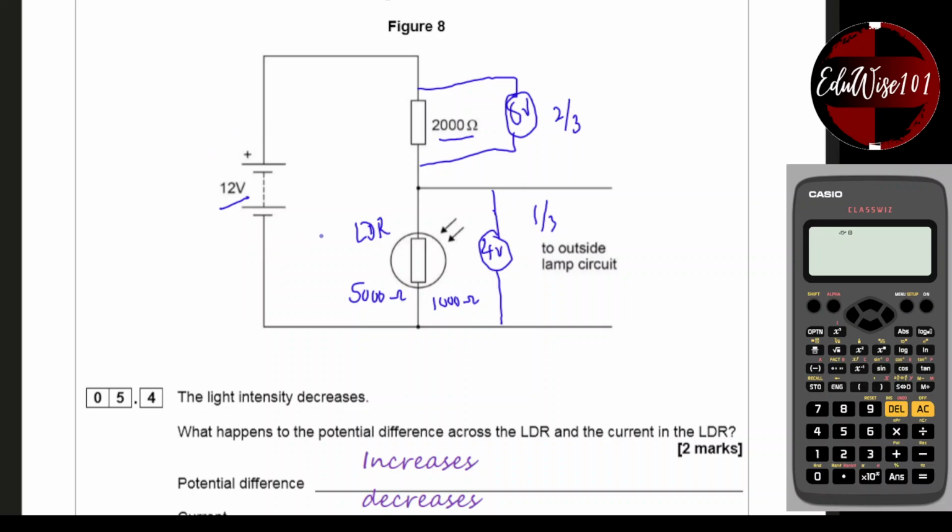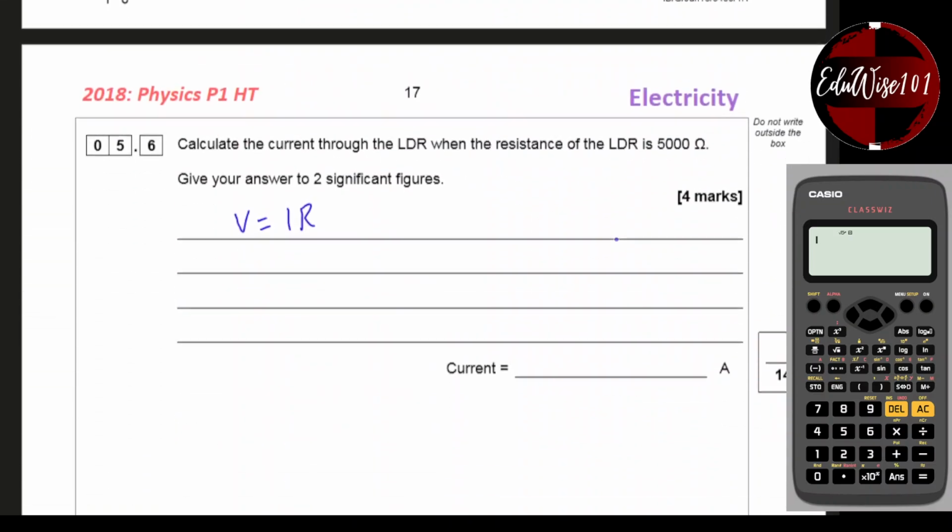And the current through the LDR and the fixed resistor is going to be the same. So that's the total potential difference. So 12 volts equals the current in the circuit multiplied by the total resistance in the circuit, which is 7000.